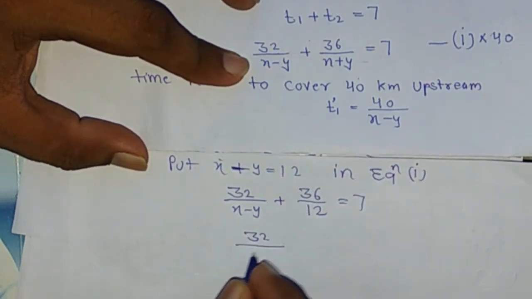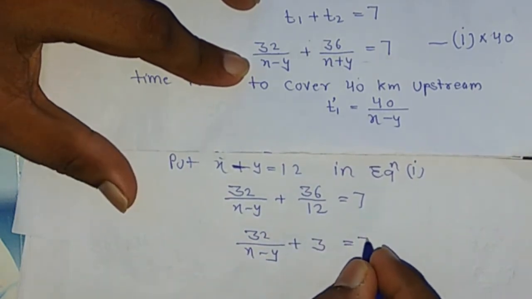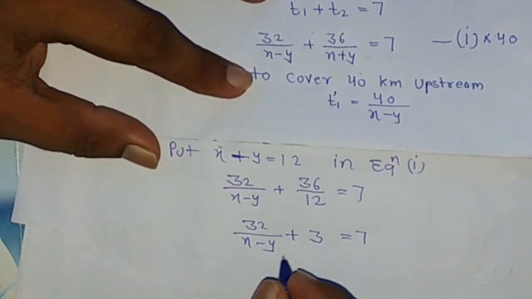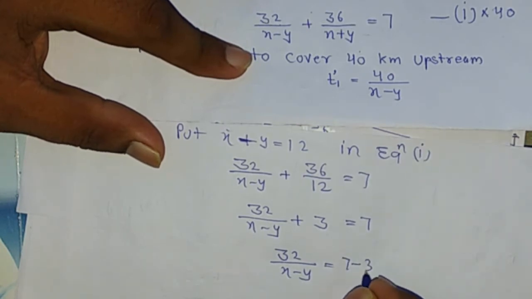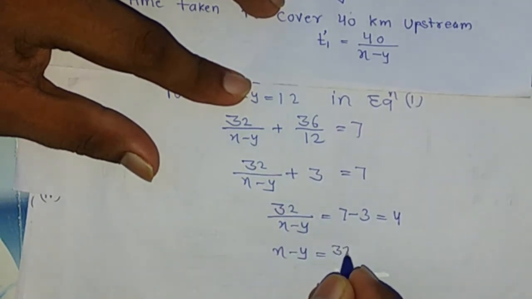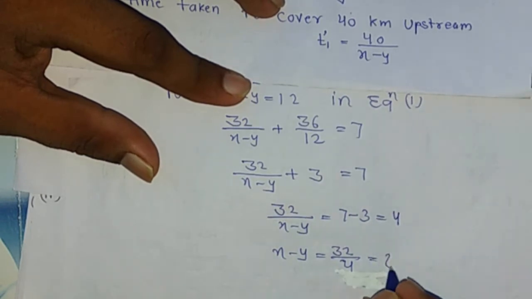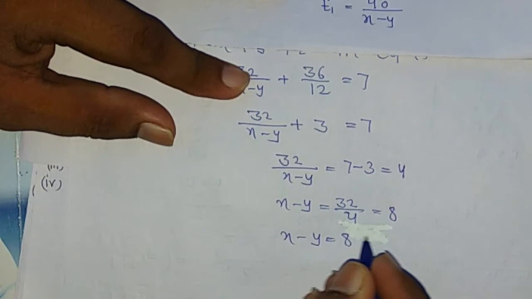Then 32 upon x minus y plus 3 equals 7. Then 32 upon x minus y equals 7 minus 3, means 4. Then the value of x minus y is 32 by 4, which gives 8. Means the value of x minus y is 8.